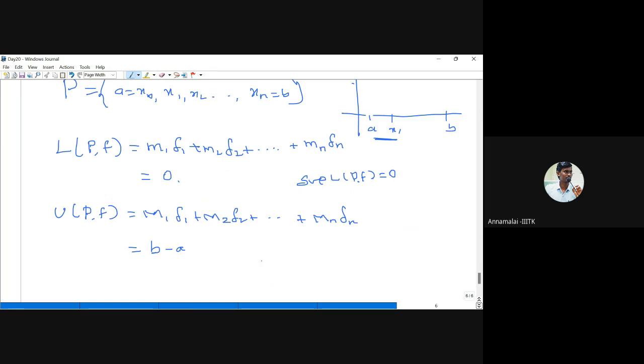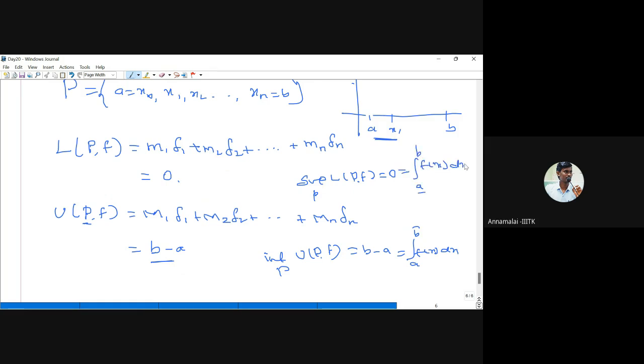Similarly, for the infimum of all the upper sums over partitions P, you again get b minus a, because b minus a is constant for a single partition. So even if you vary over all the partitions, you still get b minus a. Therefore, the upper integral is b minus a, but the lower integral is 0.